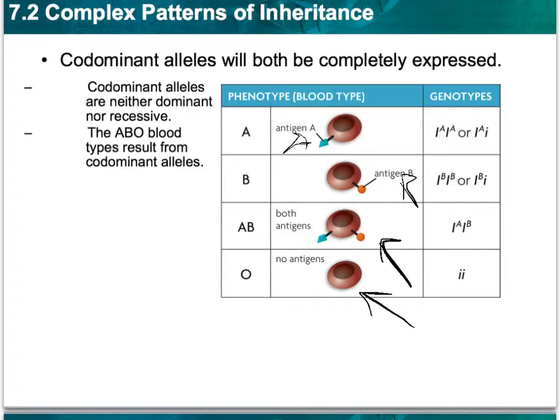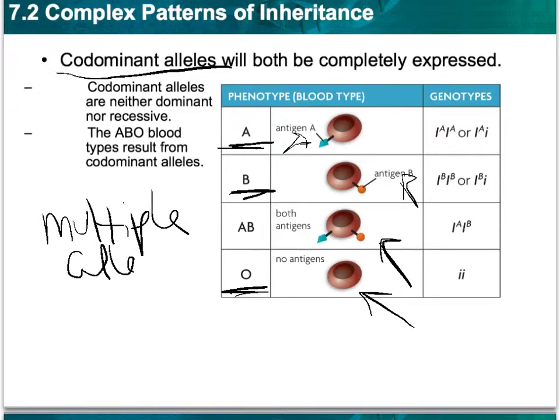Because this trait comes from 3 different alleles, A, B, and O, not only is this a codominant trait, but it's also known as a multiple allele trait.